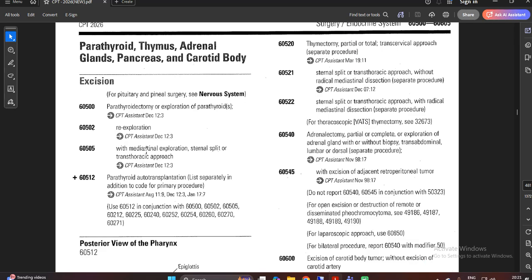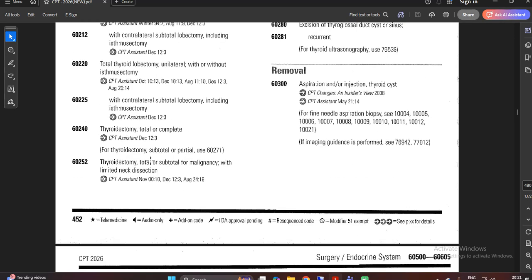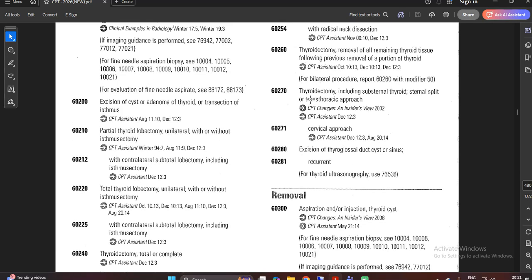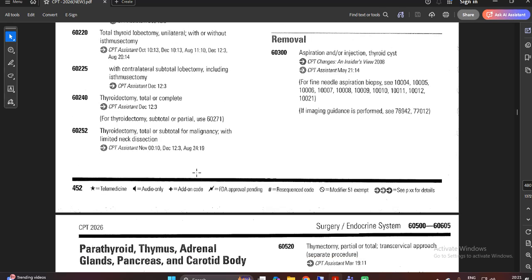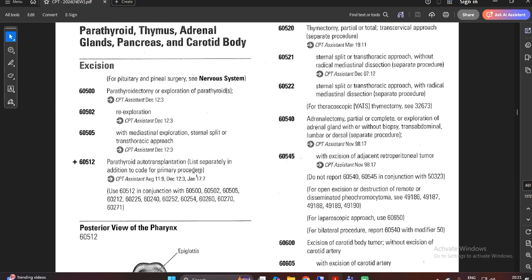Okay. So next is with mediastinal exploration, sternal split or transthoracic approach here also. Previously we have seen this approach for the thyroid gland, correct? 60270, substernal thyroid, sternal split or transthoracic approach. So here it is for the parathyroid gland. Simple. Parathyroidectomy or exploration of parathyroid with mediastinal exploration, sternal split or transthoracic approach.